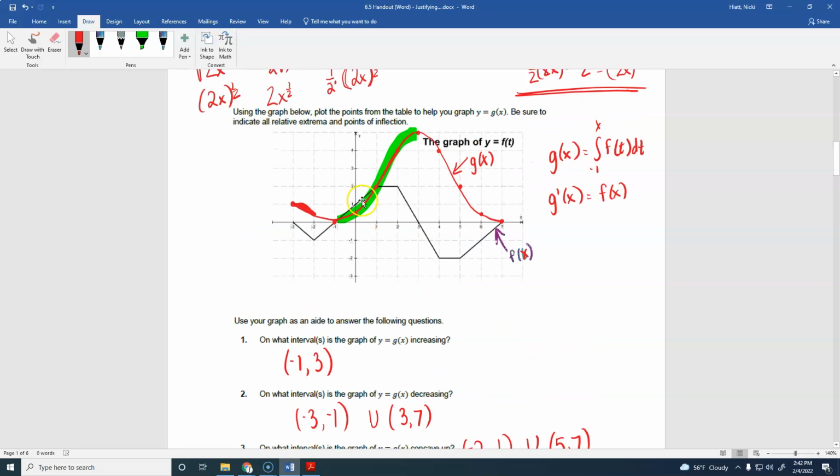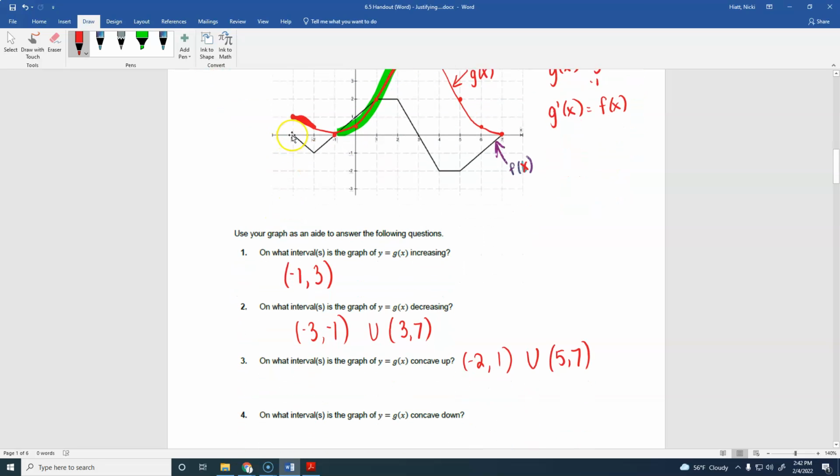All right, for concave down, we'd look for where the derivative is decreasing. So -3 to -2. Where else? 2 to 4.